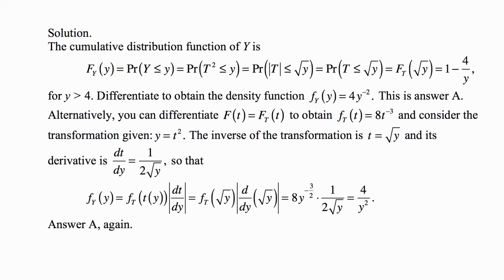So we plug in the square root of y, and we get 8y to the power negative 3 over 2 times 1 over 2 square root of y. And if you cancel it out, you will get 4 over y squared, just as before. And of course, again, t is greater than 2, then y is greater than 4, because Y is equal to t squared. So, answer A.